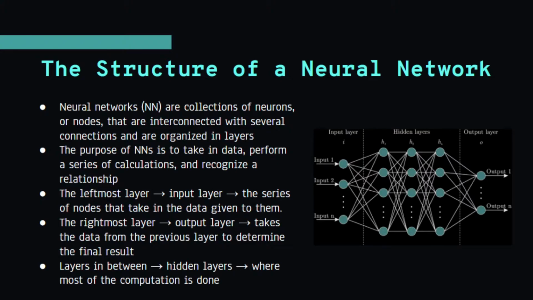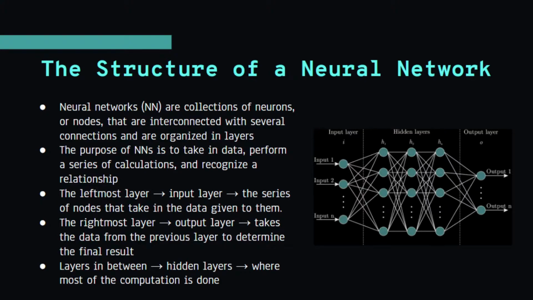There are many different applications. The leftmost layer is the input layer, which is a series of nodes that take in data that is given to them. So in the example of pictures of clothing, it would take in pixels that represent images of clothing. And the rightmost layer is the output layer, which takes the data from the previous layer and determines the final result.